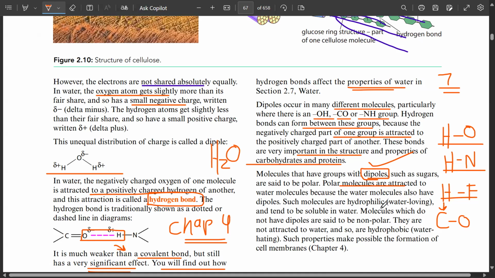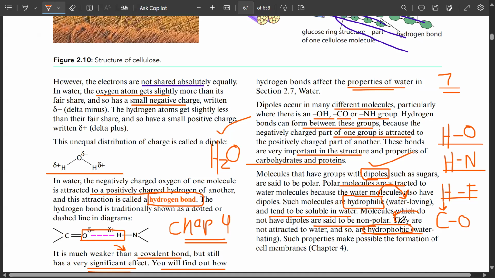Such molecules are hydrophilic. We call these molecules which are polar hydrophilic because they love water. Because water is also a polar molecule, and those molecules are also polar, we call them water loving or hydrophilic. And they tend to be soluble in water. Molecules which do not have dipoles are said to be non-polar and they are not attracted to water, so they are hydrophobic, water hating.